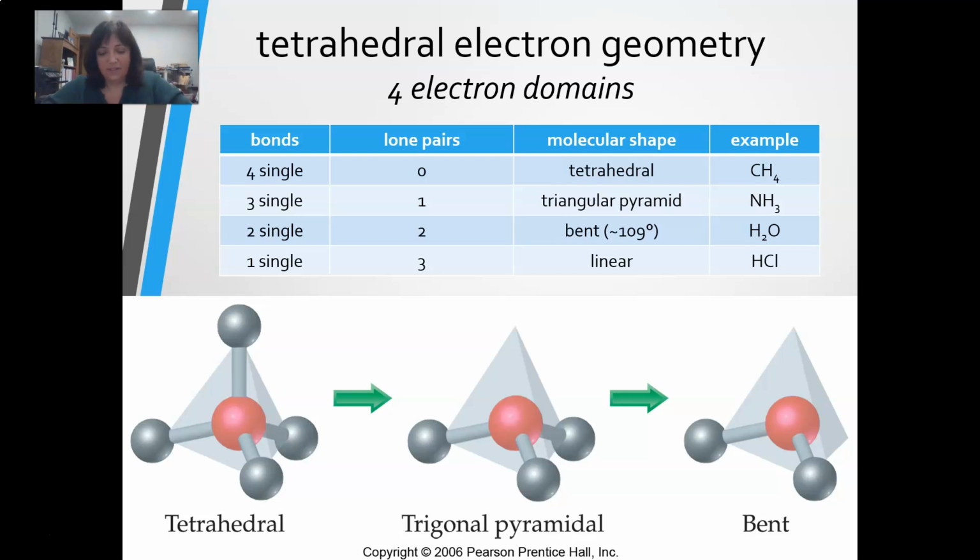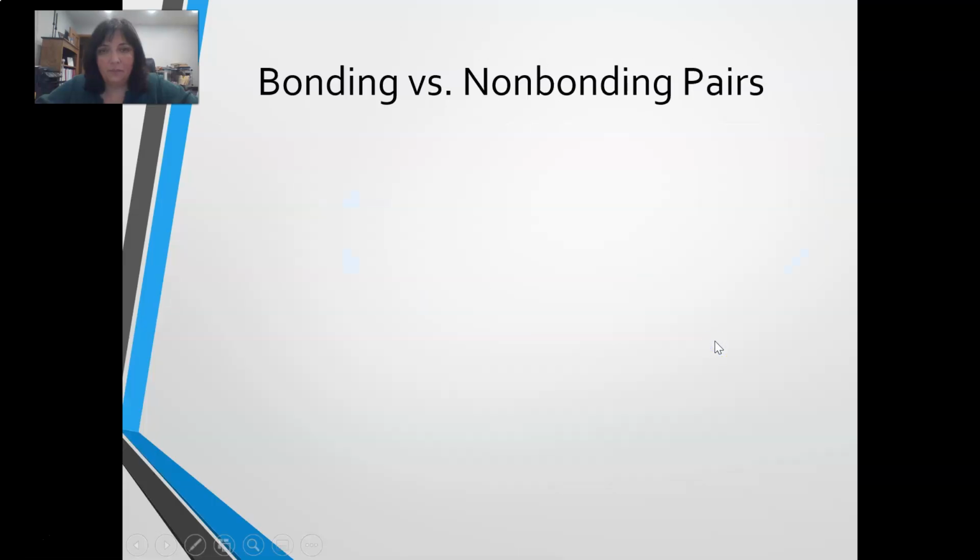And remember that a double or a triple bond is going to change things a little bit. Okay, so if you look at this one, here's carbon in the center, 4 domains, but I've got 1 that's a double bond, so it really counts as 1 domain. So 1, 2, 3 domains takes me to triangular, or it takes me to bent. So you got to worry about how many total bonds and how many non-bonding.